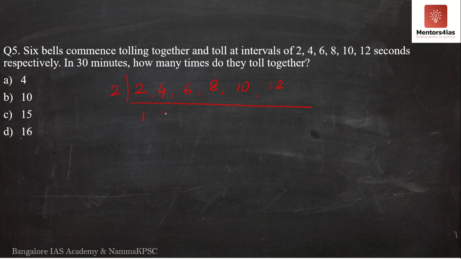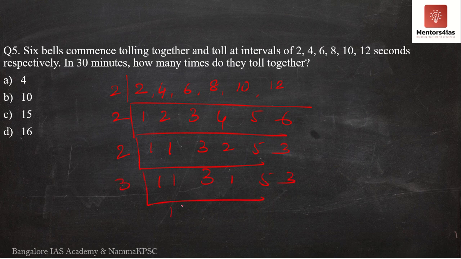2, this is 2, this is 3, 4, 5 and 6. Again 2: 1, 3, 2, 5 and 3. See, you could have straight away taken 4 over here, but fine, we'll do it step by step. 1, 3, 1, 5, 3.